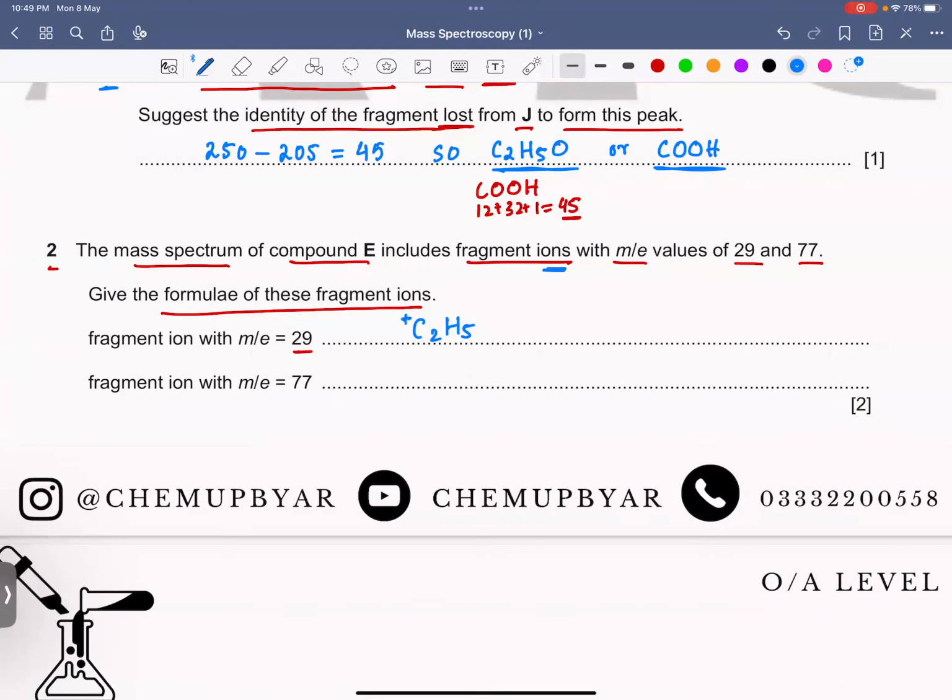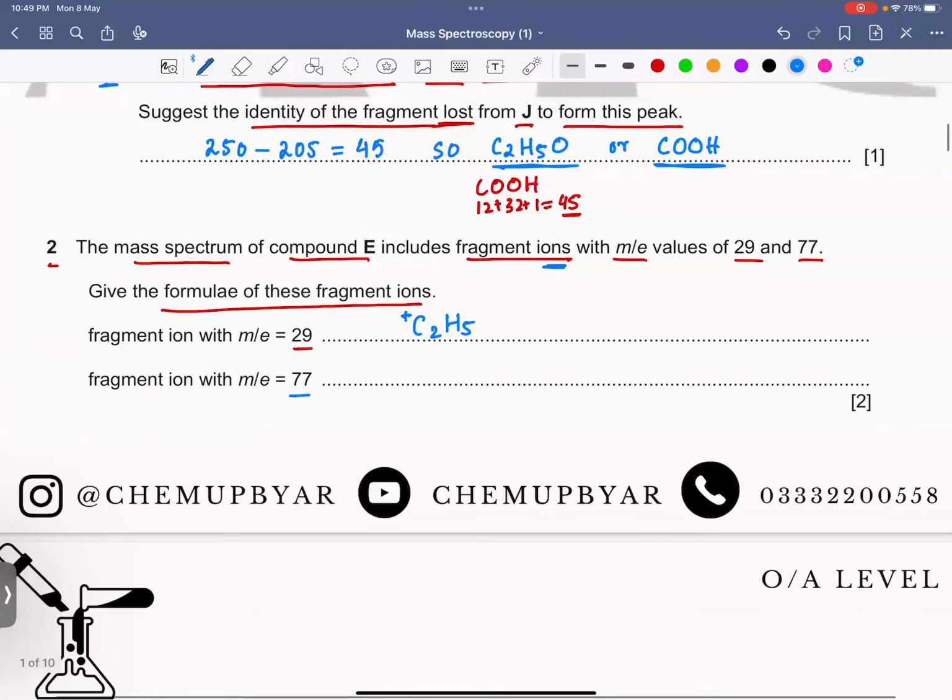So you would place a positive charge on it. And here, the mass is 77. So it can be C6. If it would be C6, then it is 72, and 5 hydrogens makes it 77. So C6H5 with a positive charge.